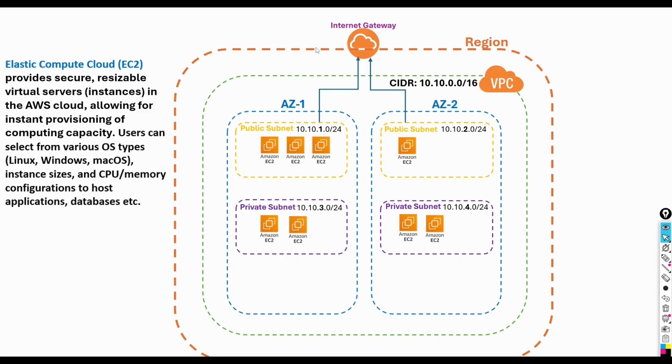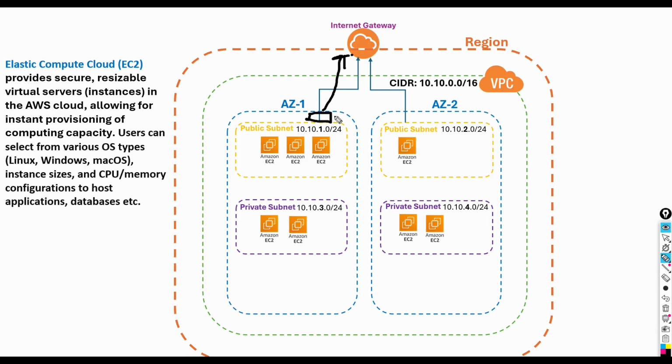From here onwards, I will just show this subnet connected to the NAT gateway. Basically, there is a route table which has the default route towards the internet gateway, hence we call it a public subnet.